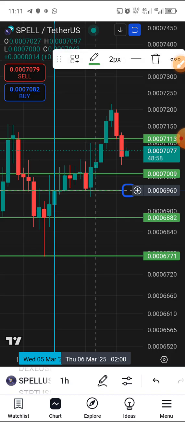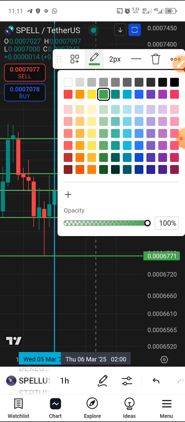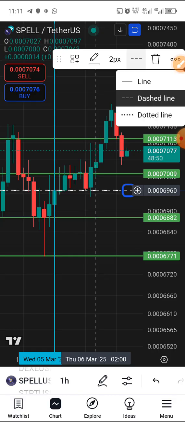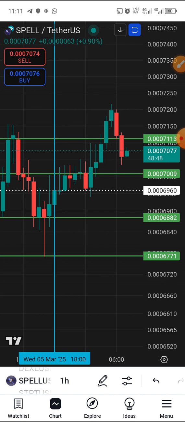Let me draw the white line. Do you see that thin white line? It will be your entry point, and your exit point at first will be on your resistance 1.